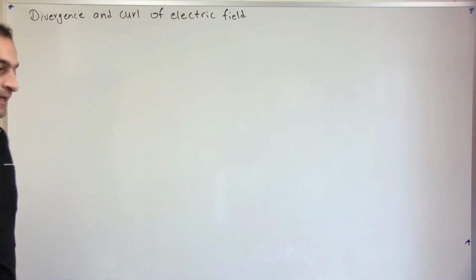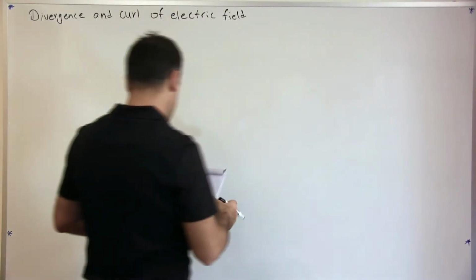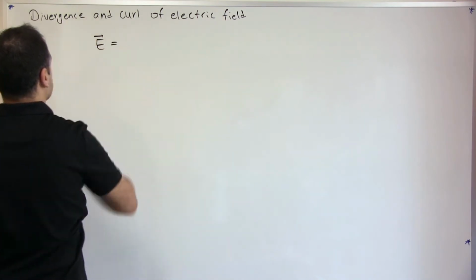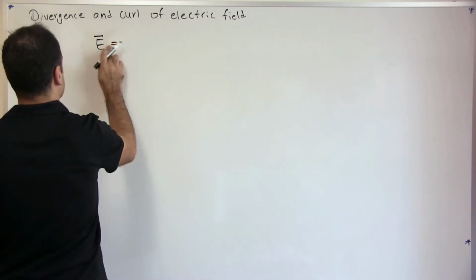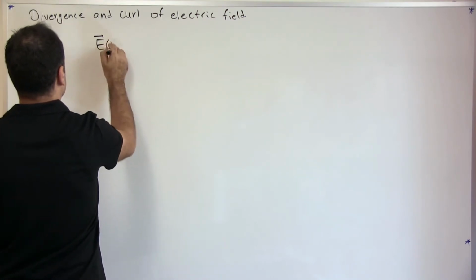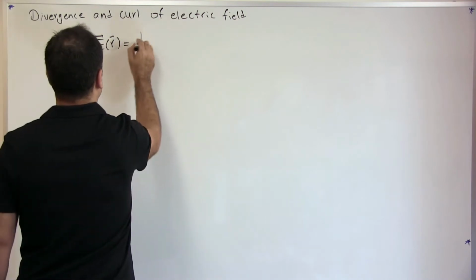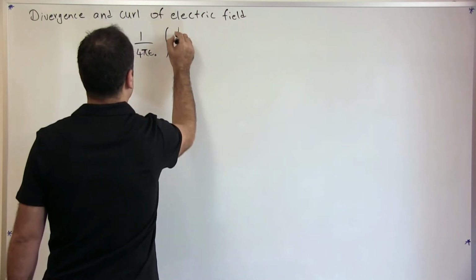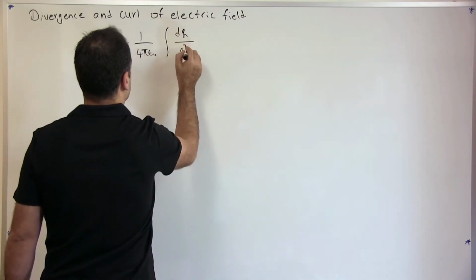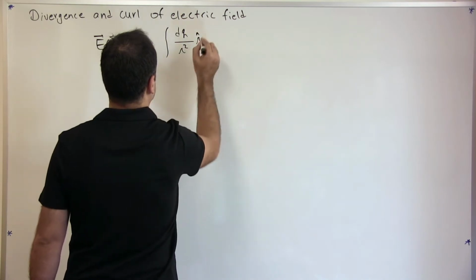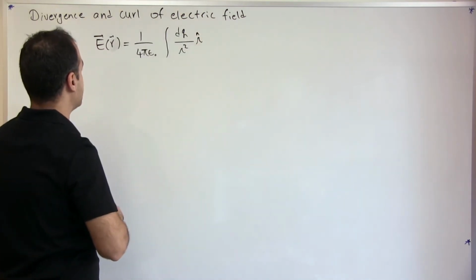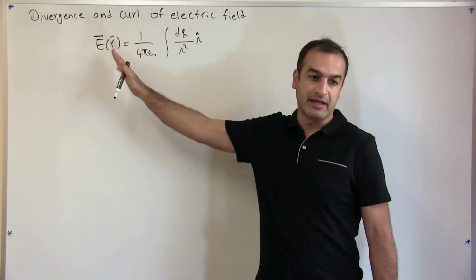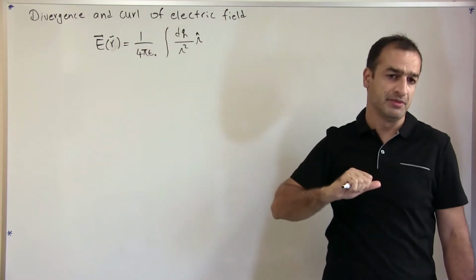If you remember, on Tuesday we said that for any continuous charge distribution, we can write the electric field at any position r in space as E(r) = 1/(4 pi epsilon 0) times the integral of dq over r squared times r hat, and that's it. Technically this integral gives us the electric field at any point from any possible charge distribution.